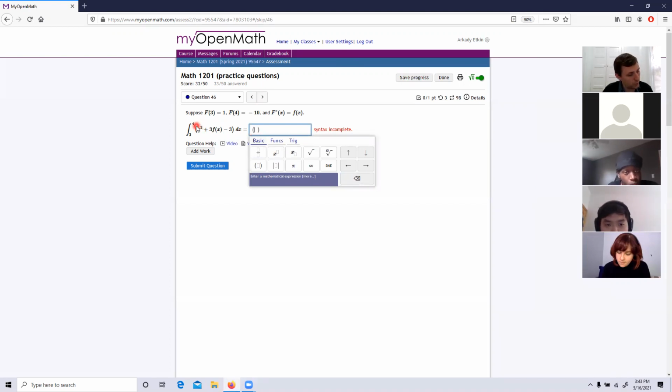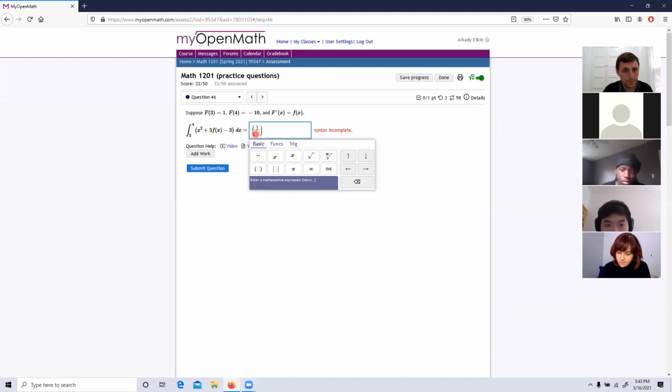So it would be 1/3 times x cubed, which would be 4 cubed, plus 3 times the integral of this function at 4, which is minus 10. Minus 3 times 4. And then from here we subtract.